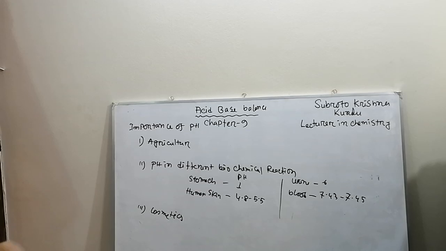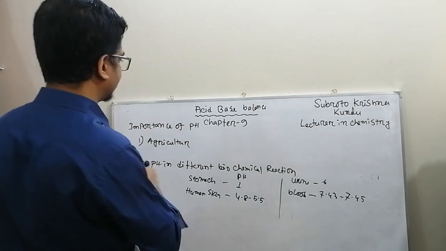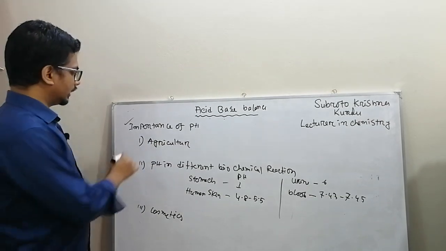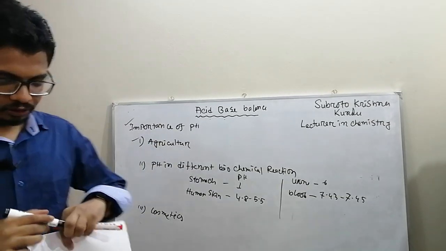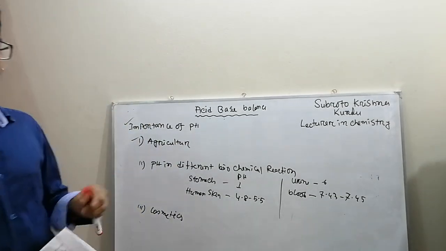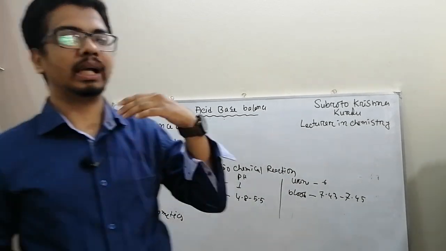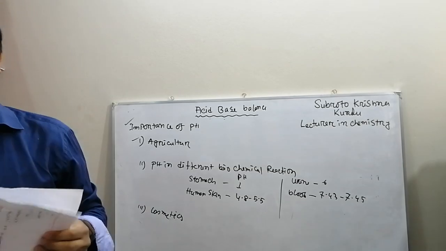Now we discuss the importance of pH. First, the importance of pH in agriculture. We have to know that the pH value of soil should be neither acidic nor basic.